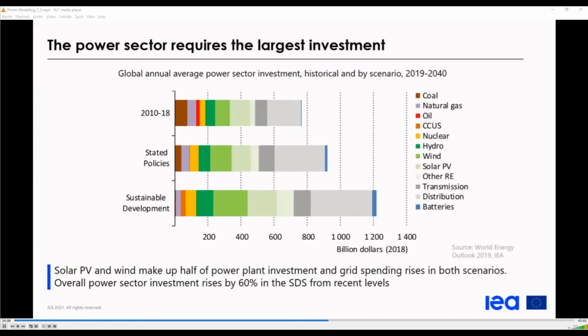So we model this network through a dedicated module that derives the transmission and distribution grid infrastructure really needed to support the expansion of the power system and also modernize existing aging assets.